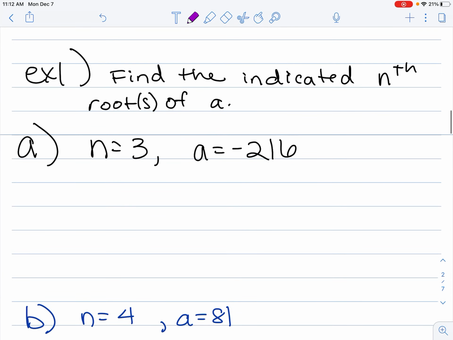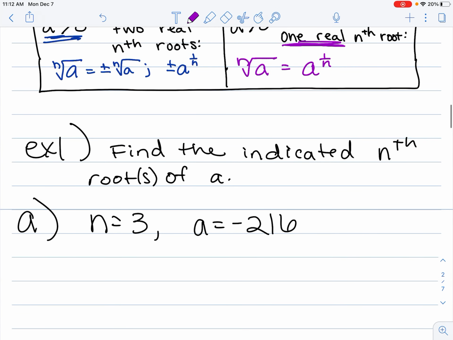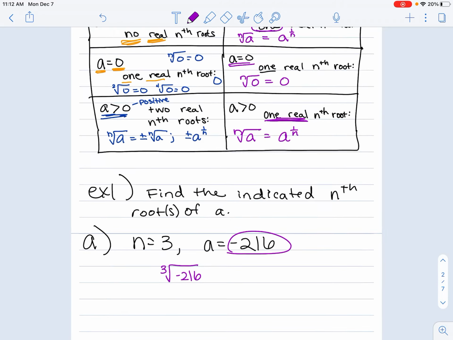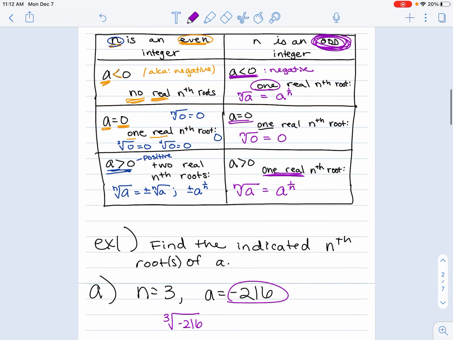Okay, it says find the indicated nth roots of a. So if n is 3, we're looking for the third root of negative 216. So we're going to look at our chart. Remember, we're looking here at an odd integer because 3 is n, and inside is a negative, so this is less than 0. Then there's just one real root.